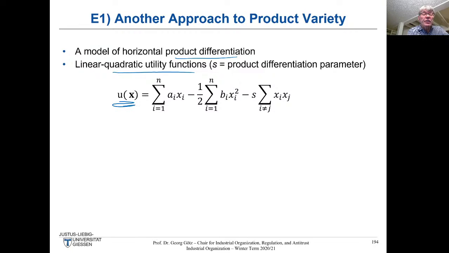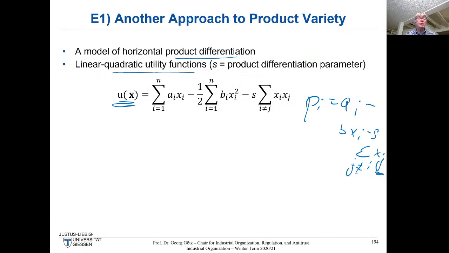You have this utility function, and if you have some numeraire good which enters linearly, you get simply that the inverse demand would be p_i equals a_i minus b x_i minus s times the sum over all j different from i of x_j. Okay, and if you have only two products here, this would be just x_2, if we look into product 1.